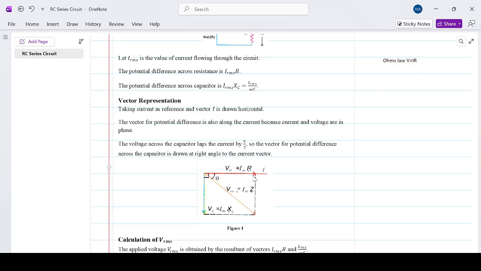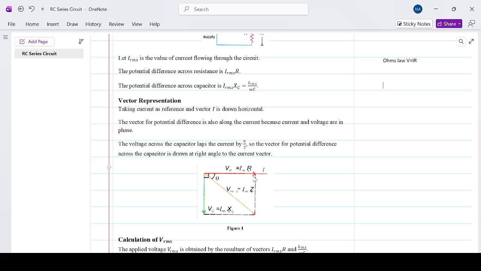So in that case, the voltage VR equal to IRMS into R will be represented by a horizontal vector along the same direction as the current.